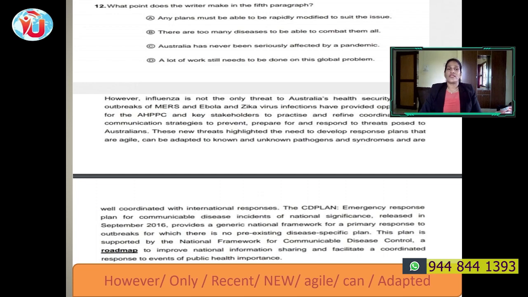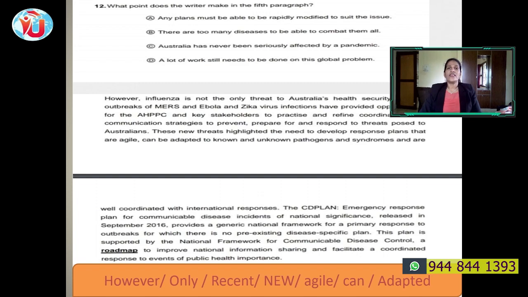These new threats, again they refer. These new threats highlighted the need to develop response plans that are agile, can be adapted to known and unknown pathogens and syndromes, and are well coordinated with international responses. So the answer, you get it here.